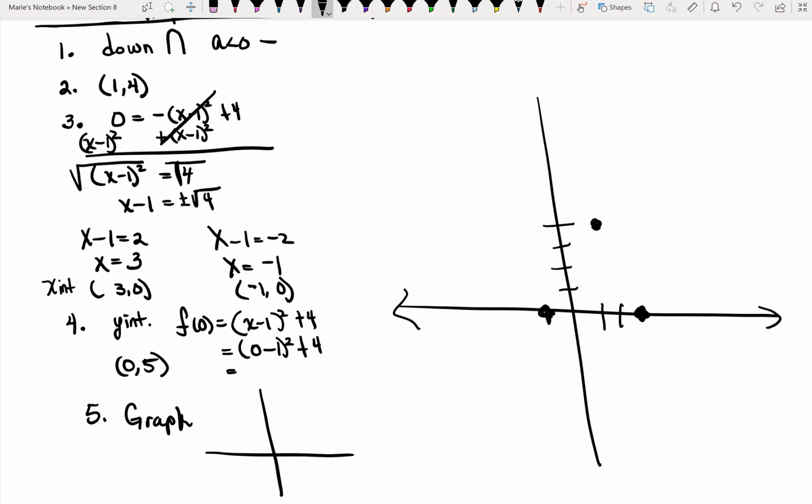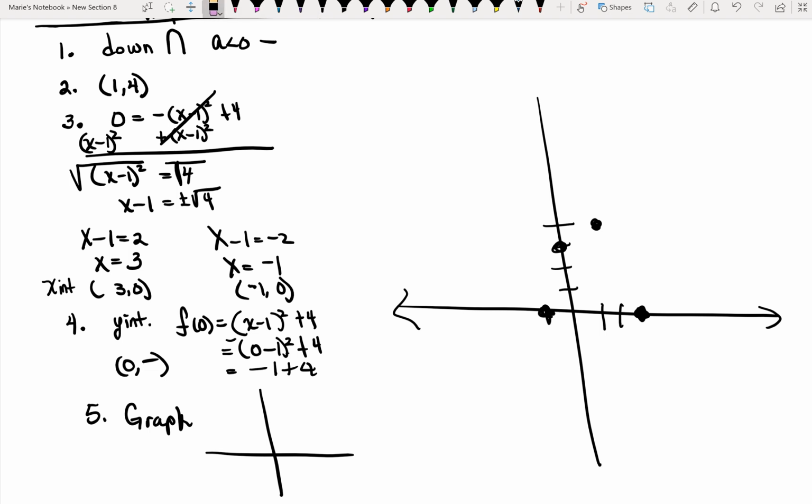Let's see why that is at (0, 5). Because (0, 5) would be up here. That doesn't make sense. Oh, negative 1, I'm sorry, at (0, 3). So this is incorrect, because this is a negative 1. So it's negative 1 plus 4. So it's actually 3, not 5.